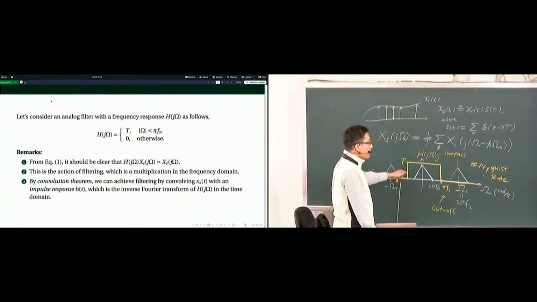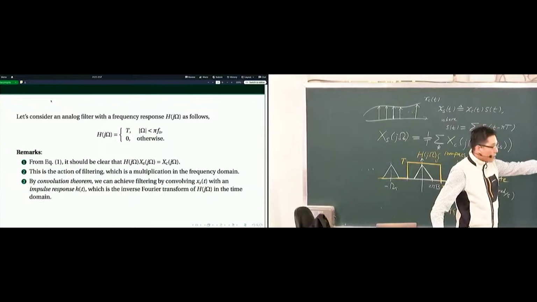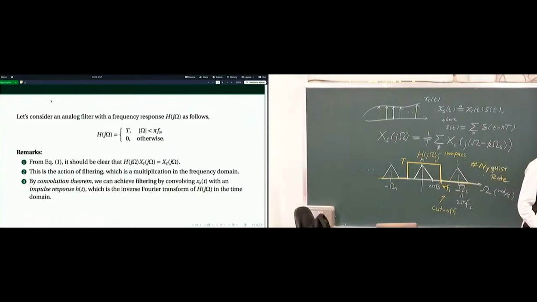Is the definition clear? A low-pass filter with constant gain T. But why T?